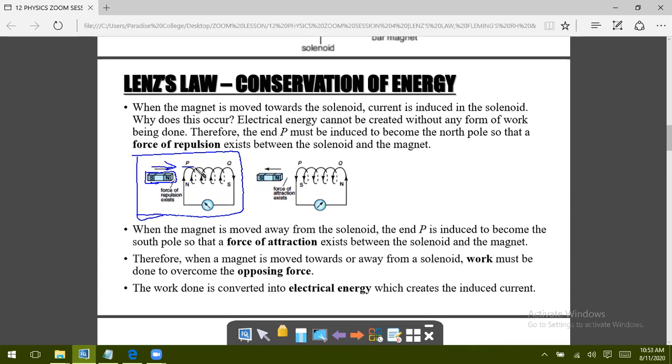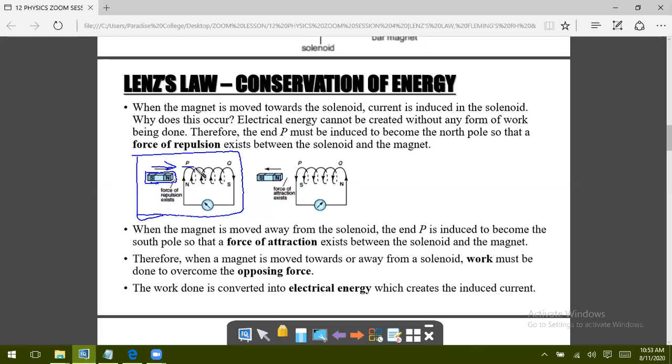Why does this occur? Well, electrical energy cannot be created without any form of work being done. Electrical energy is a form of energy, and work, as we discussed last year, is when energy transfers from one form into another, so we say work is done.